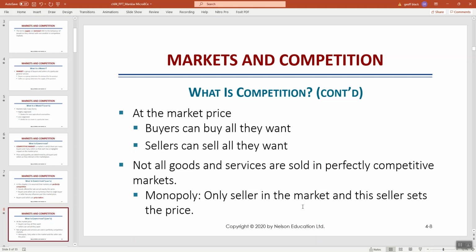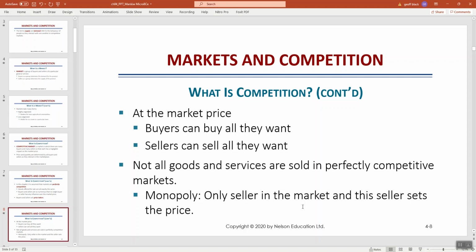Now, obviously, not all goods and services are sold in a perfectly competitive market, right? In fact, hardly any are. You'd be hard-pressed to find one. Most fall into some range between a perfectly competitive market at one extreme and a monopolistic market at the other.